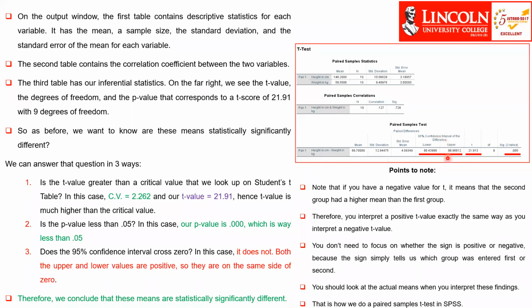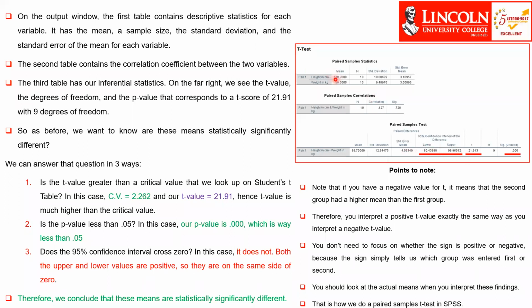In this case, it does not, because both the upper value and the lower value are positive. You can see positive 80.43988, and positive 98.96012. So they are on the same side of 0. Therefore, we conclude that these means are statistically significantly different.